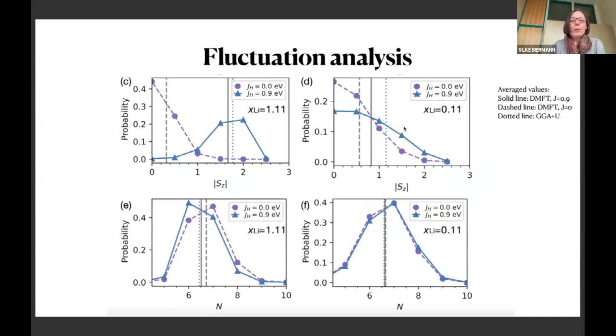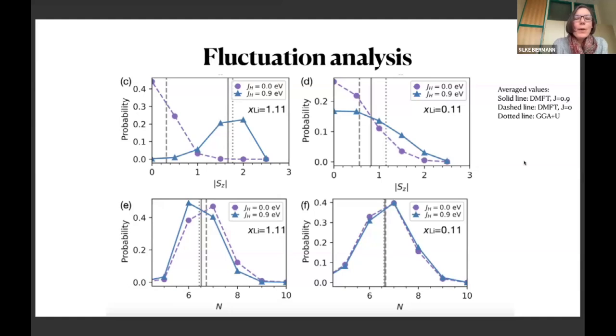So now we can look at what we really gained compared to LDA plus U. What are the fluctuations doing that we have added here in the DMFT? Well, solving DMFT equations with quantum Monte Carlo has the advantage that you can directly do fluctuation statistics. I think Thomas will come back to this much more in detail.